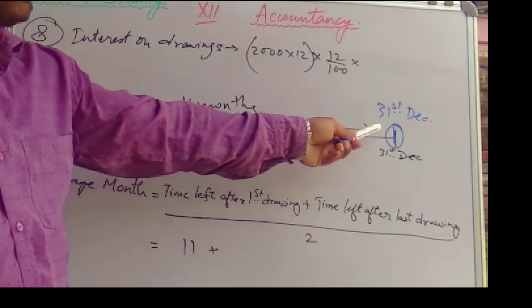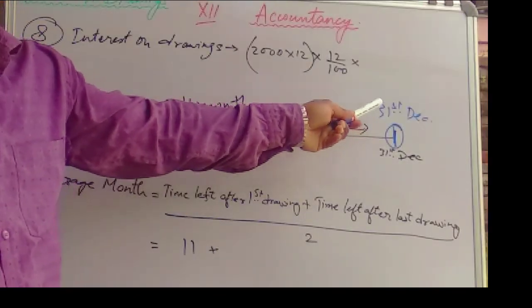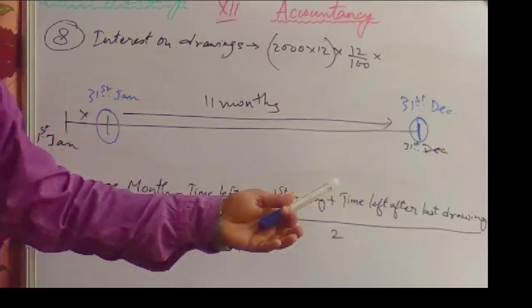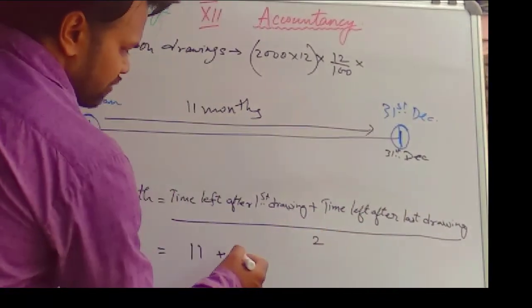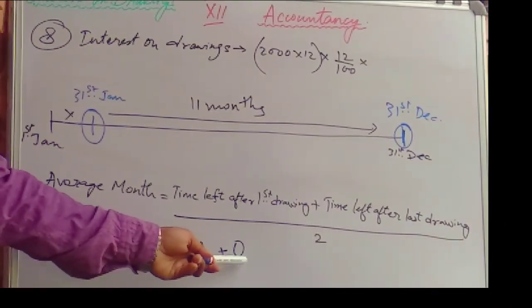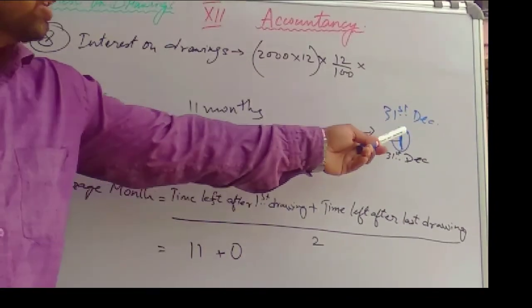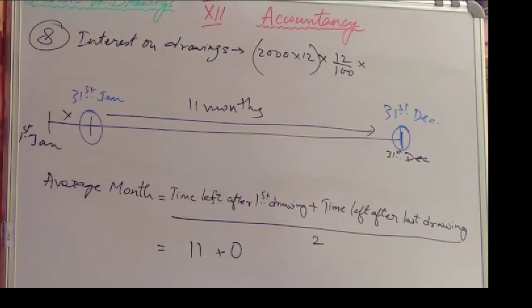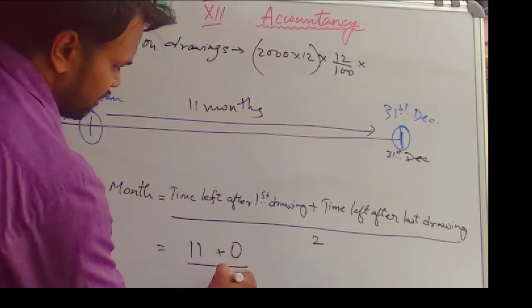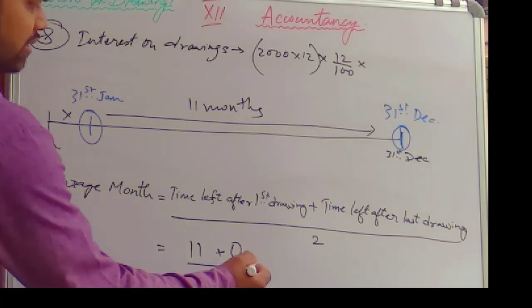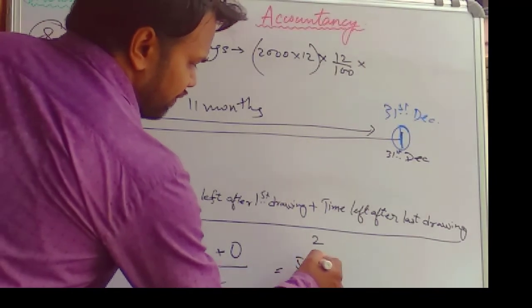The last drawing they made was on 31st December. After 31st December they are not going to use the money. So the time left after last drawing is 0. Clear, students? They are not getting any time to use the money they withdrew on 31st December. That is their last drawing. So we are getting 11 plus 0 divided by 2. That is 11 by 2 itself, and the answer is 5.5.